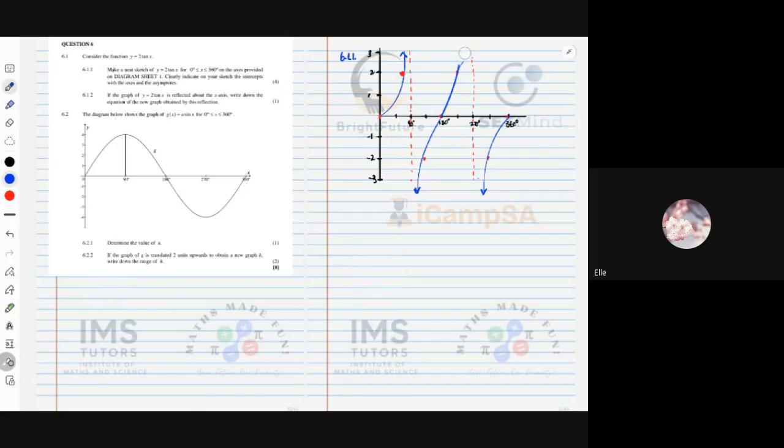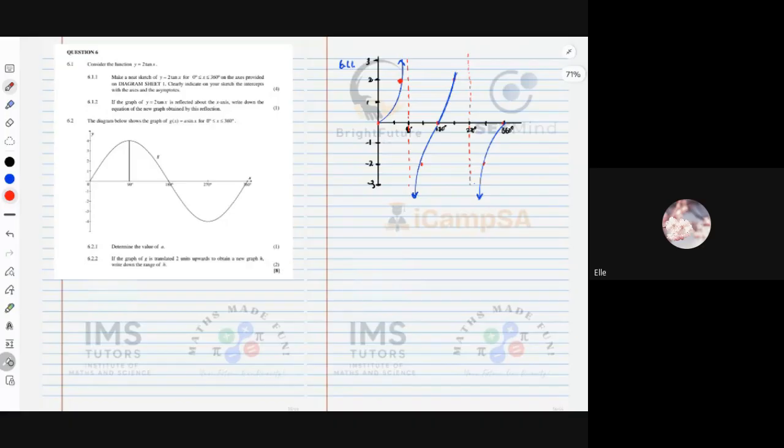So our draft would be something like this. It's just that this one is ugly.